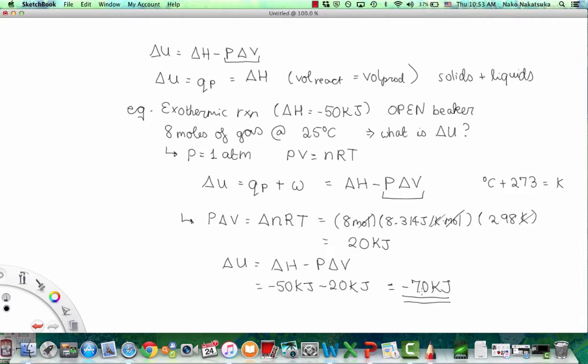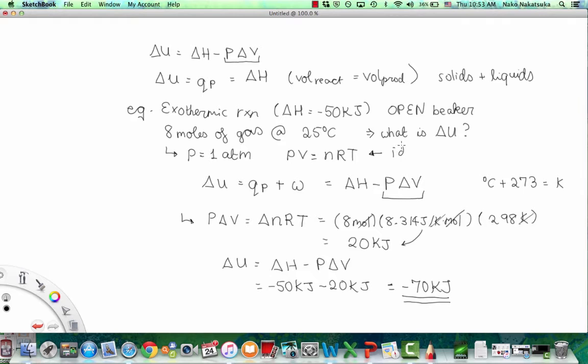So a few things to remember here are always remember to cancel out the units so you know what you end up with. The answer that I would have gotten in this case would have been in joules, but I converted it to kilojoules by dividing by 1,000 in order to get it to the same units as the delta H value. Another thing is to review your gas law equations if you don't remember learning PV equals nRT.